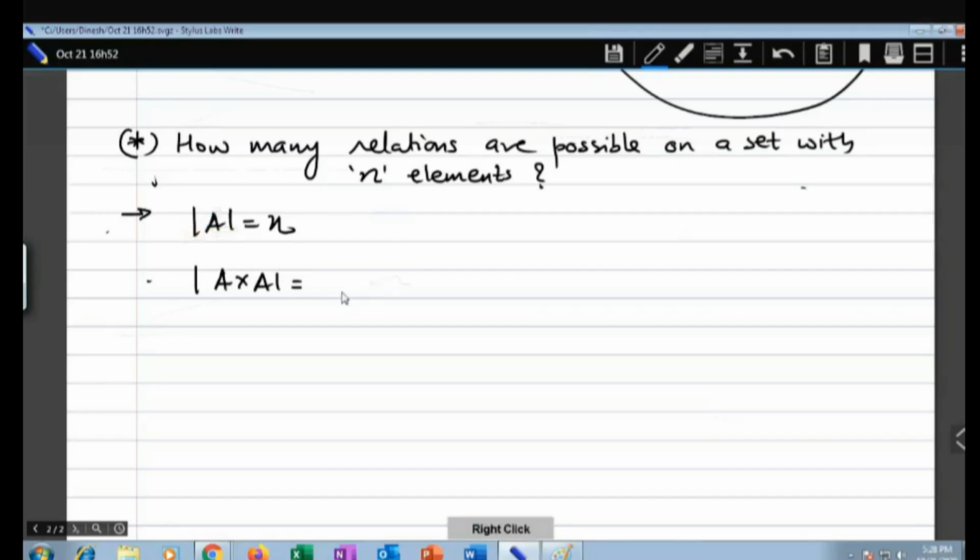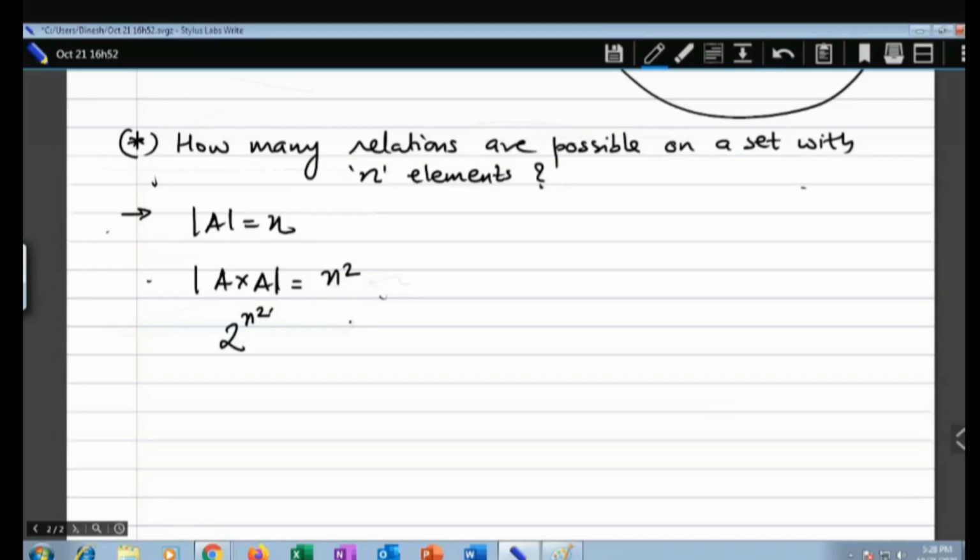A cross A will be n square. So the number of relations possible on this particular A cross A will be how much? 2 raised to n square, right? Yes or no? n square, right?